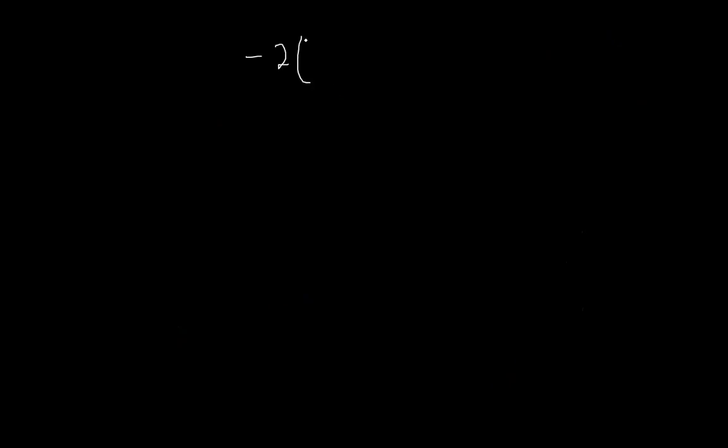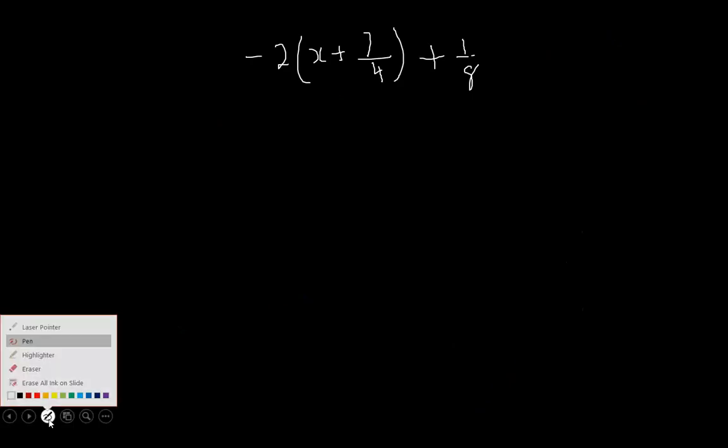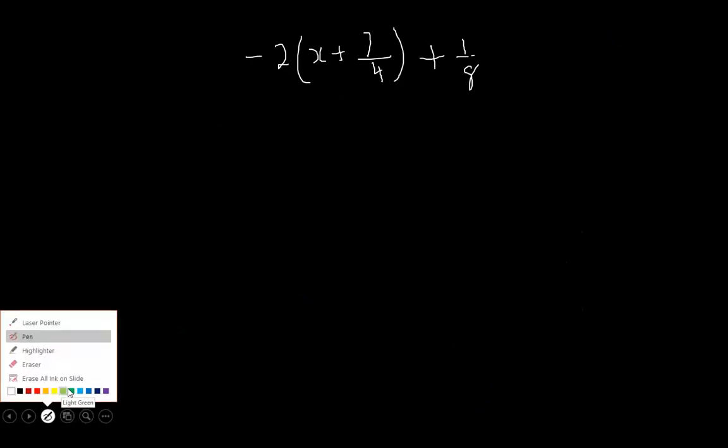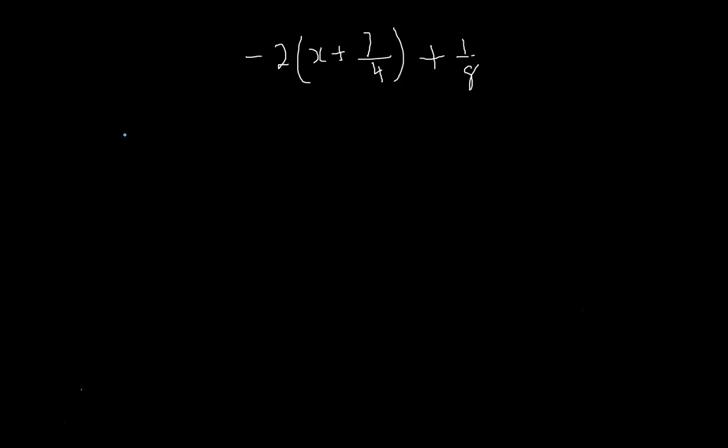So this was it, x plus 7 over 4. Looking at this, can anybody tell me what would be my maximum value? Not the maximum point, the maximum value.